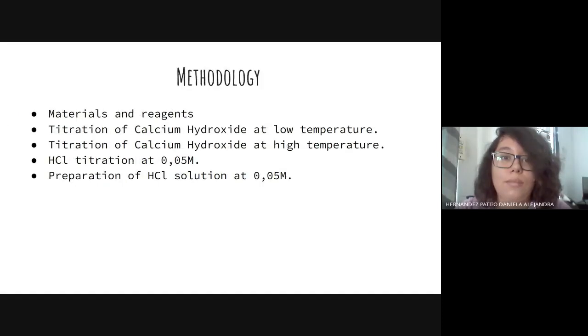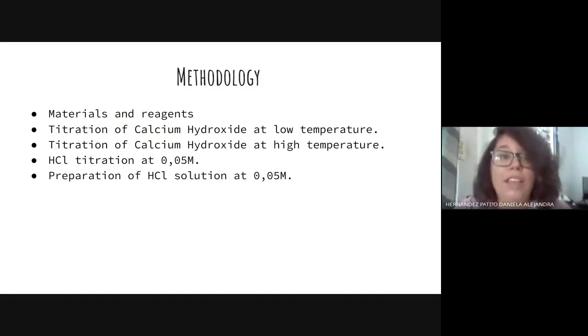Methodology. Within the methodological procedure described in the project, three parts were covered. The first one is the determination of calcium hydroxide at room temperature, where we filter the sample of saturated calcium hydroxide liquids in a milliliter flask, diluting 10 milliliters of the filtered sample in 15 milliliters of distilled water.